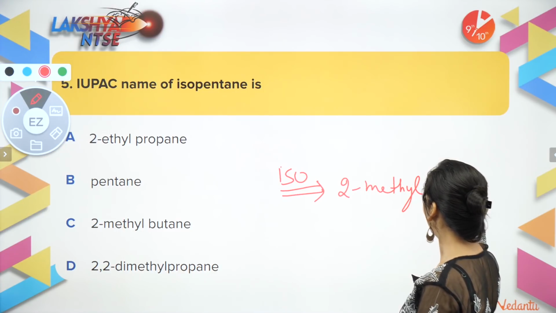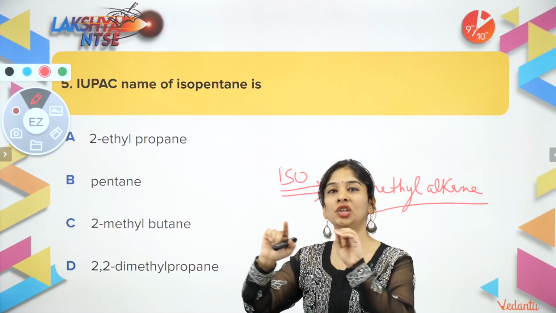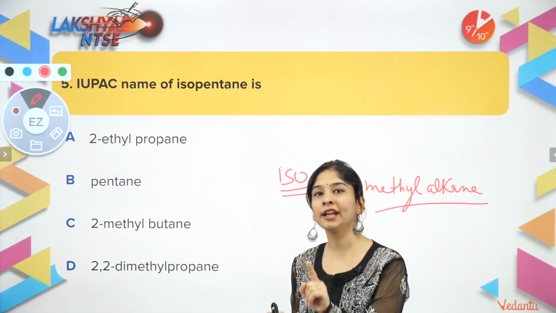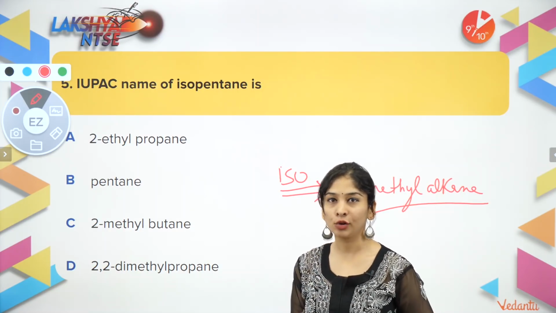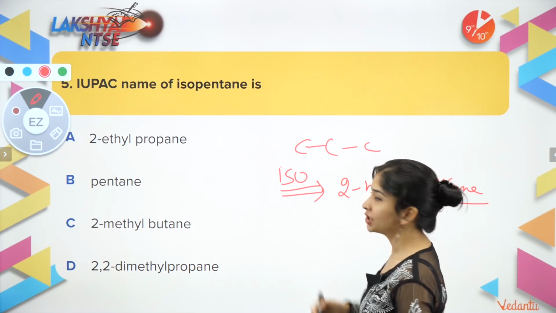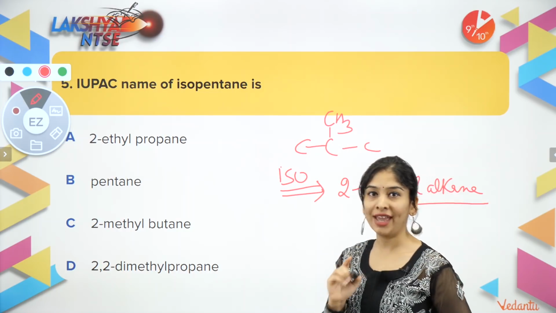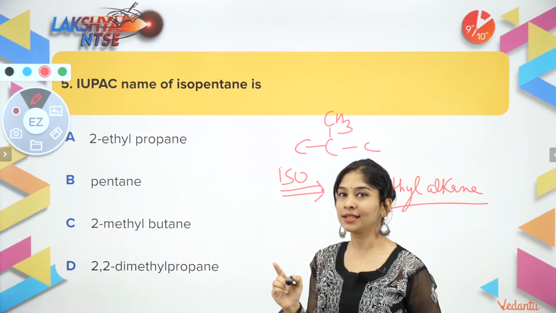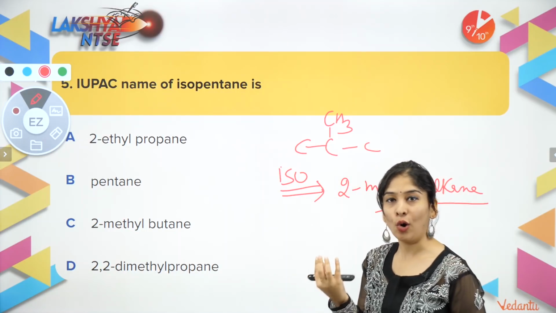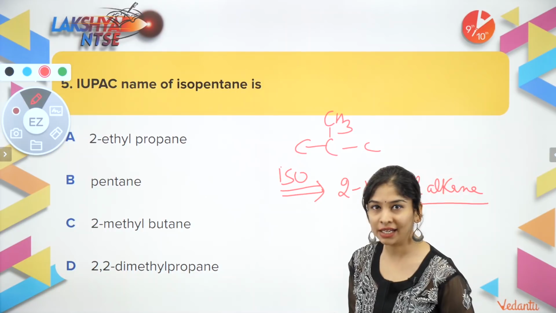That means whatever alkane you are having, whatever chain you are having, on the second position there must be a methyl group. How? Suppose I have this chain, second position, methyl group. Now we know very well what a methyl group is. That is the CH3 group.